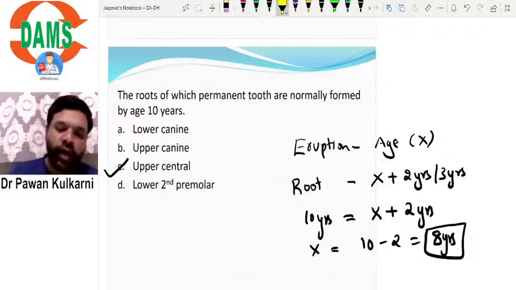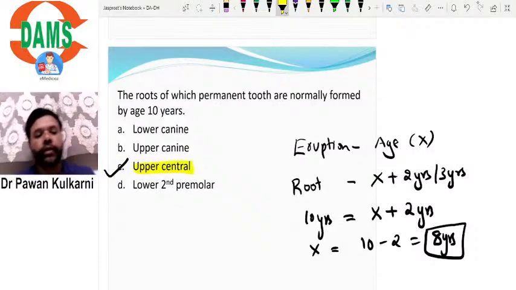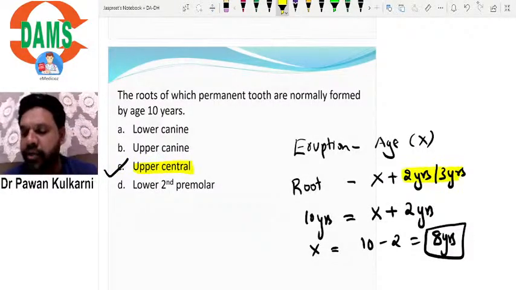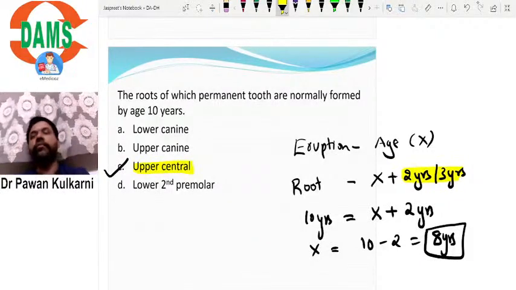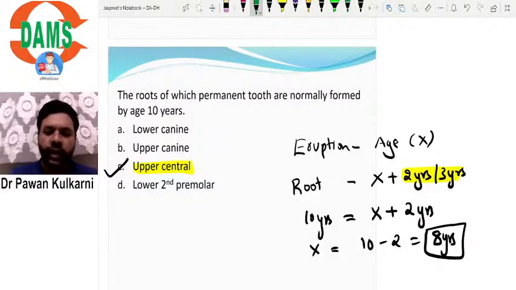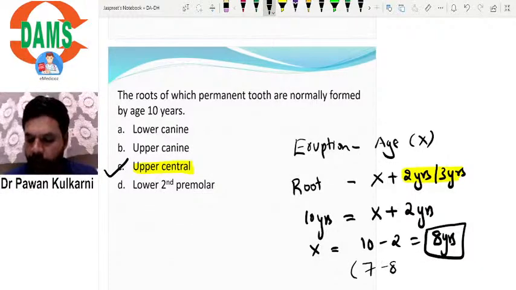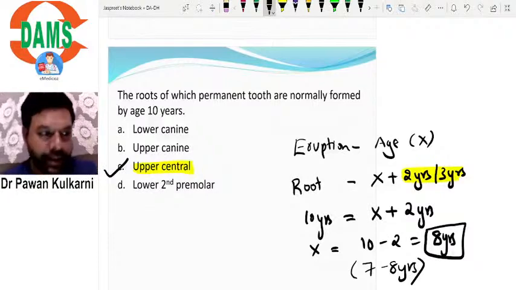So this way you can solve the questions based upon the root. Generally we have to remember either 2 to 3 years, and some books even give a mean of 2.5 years after eruption for root completion of a permanent tooth. So the range will be 7 to 8 years. The tooth which erupts during 7 to 8 years is the upper central incisor.